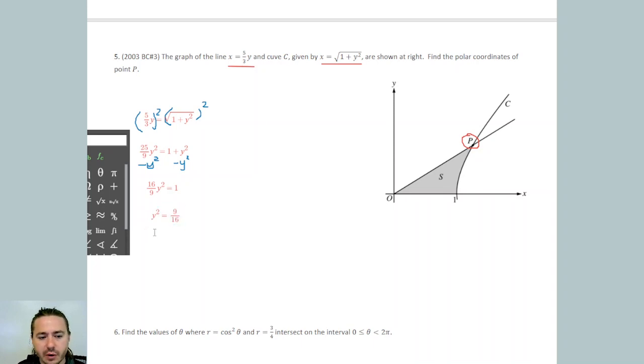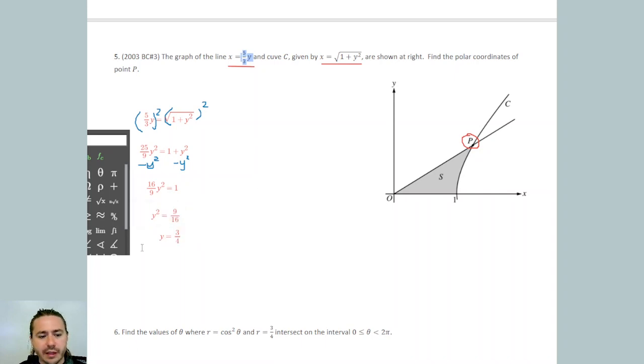Then I'm going to take the square root of both sides, and I get y equals, algebraically, plus or minus 3/4. But if I'm looking at my curve, I can see that I'm in the first quadrant, so my y value has to be positive. So my y value here is going to be 3/4. Now I can use that to find x, because x is 5/3 y.